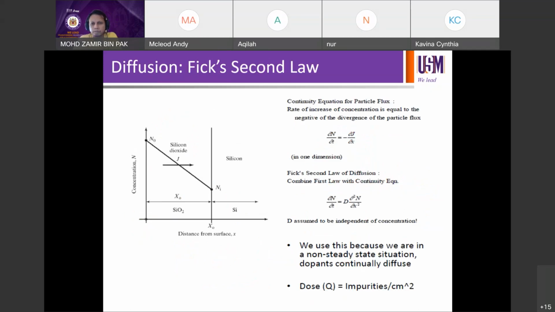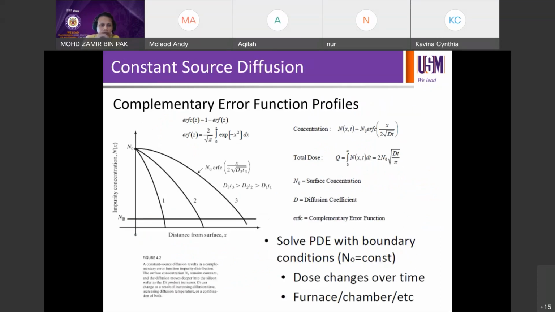So here is Fick's law again, and we use the same for diffusion. Non-steady state situation, dopants continually diffuse. We're going to learn about the equation shortly when we talk about the two different steps of diffusion.